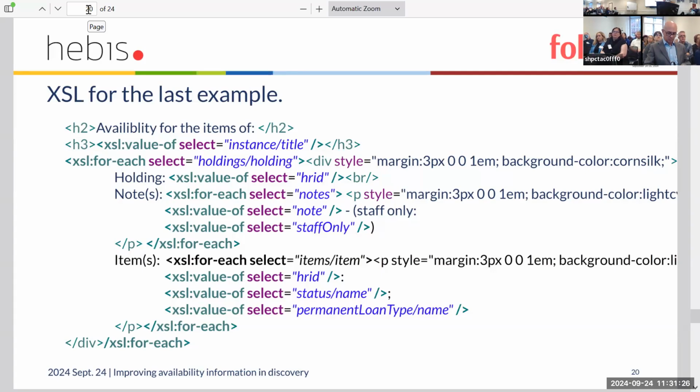Then in the list of notes, get the note and the staff only flag. And then for the items, the human readable ID, the status name, and the permanent location name. So fairly simple, I guess. It can be much more complicated, but not for the presentation.